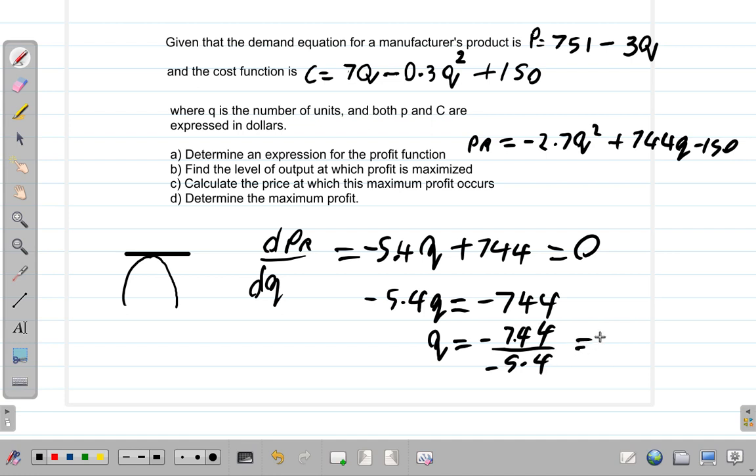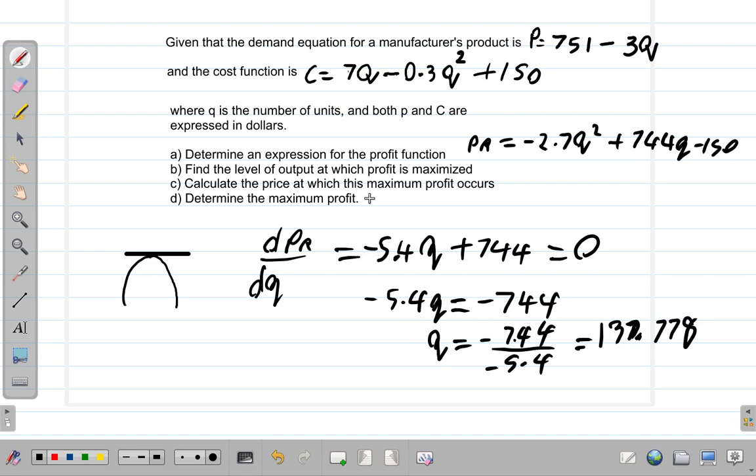When you divide, what do you get? 744 over 5.4 gives you 137.778. We keep three decimal places until we reach the answer.